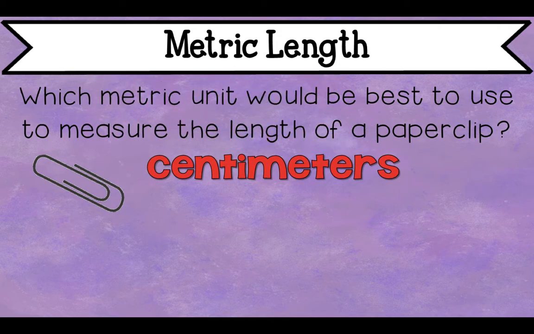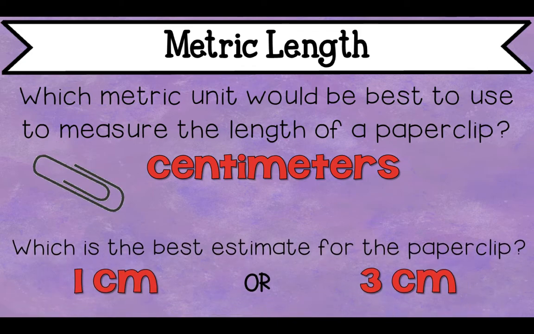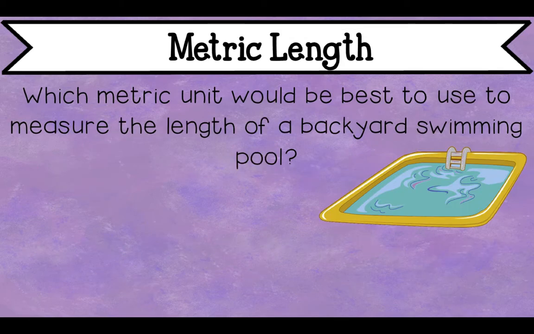Yep. So if I use centimeters, would it be the best to say that this paper clip is 1 centimeter? So about 1 width of your pinky finger? Or 3? Yep, 3 would be the correct answer. So this paper clip would measure about 3 centimeters.